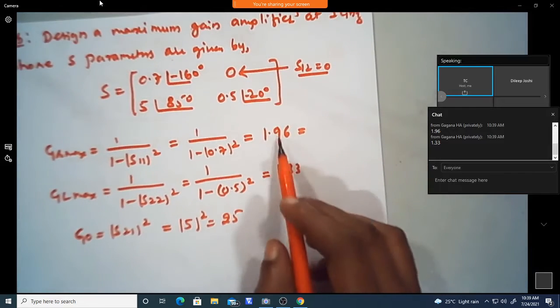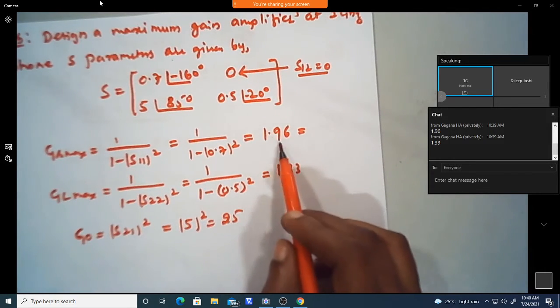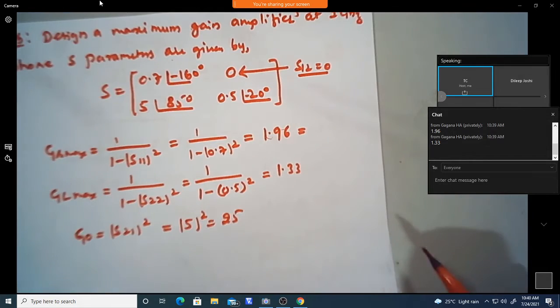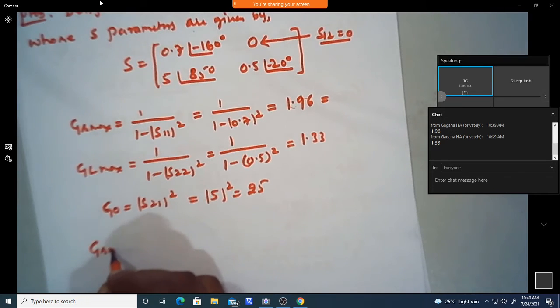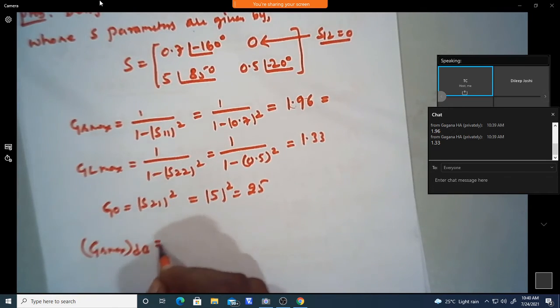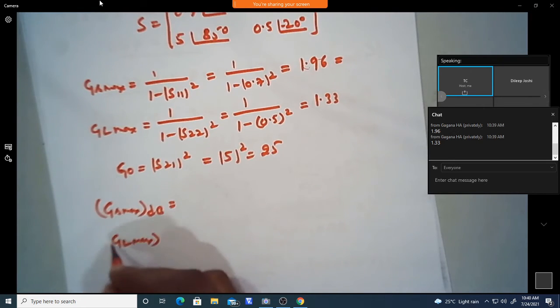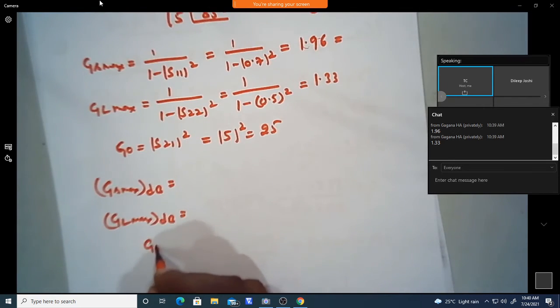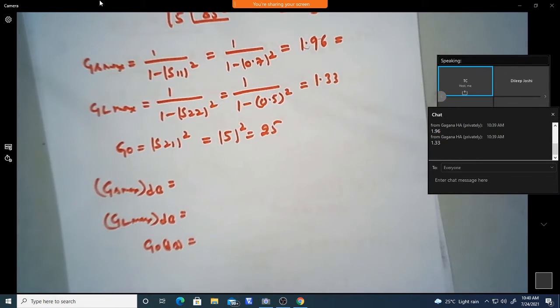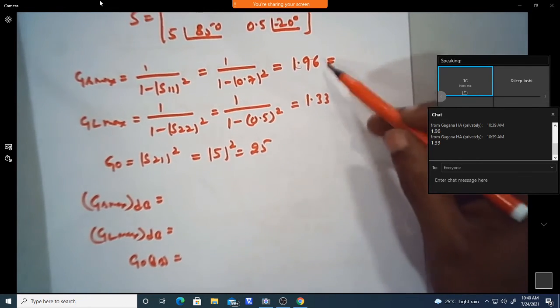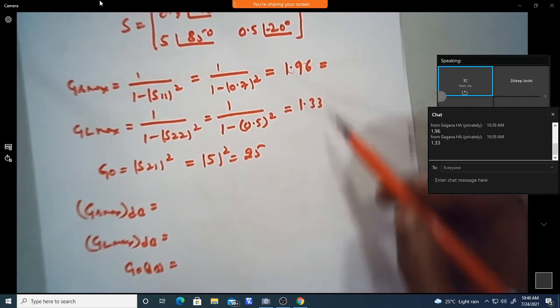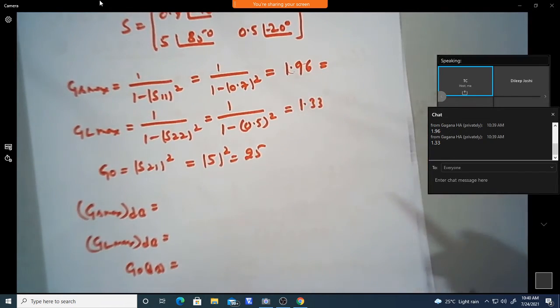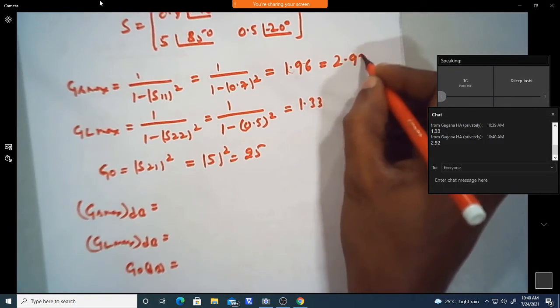So now we can find the dB value by taking 10 log of this one. So take the log and multiply by 10. Tell me what is the dB value for GS max, GL max, and G0 in terms of dB. Okay, GS max is 2.92 dB.